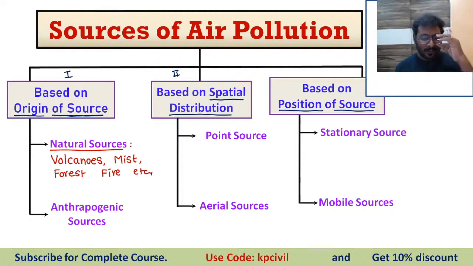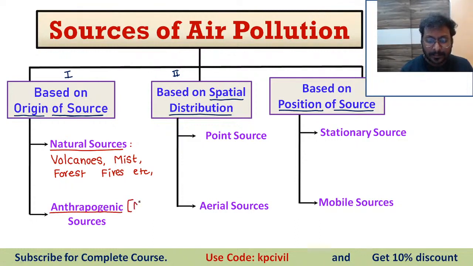We can have a list, no problem. So is there any involvement of human beings? Volcanoes, mist, forest fires, bacteria and other natural sources? No, humans are not at all involved. Naturally, nature creates this air pollution; that is natural sources.